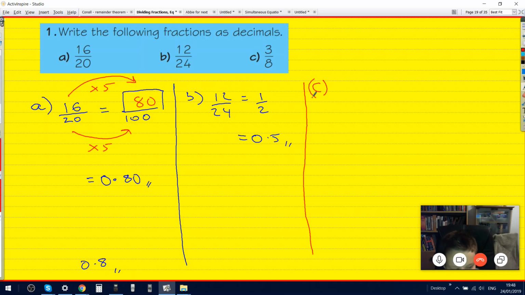What's the other way you can turn a fraction into a decimal? I think the easier way to do it is to work out what 3/8 is equivalent to. Well, that's in its simplest form.